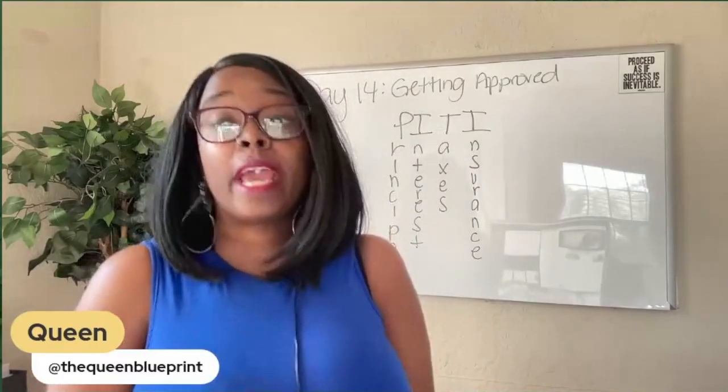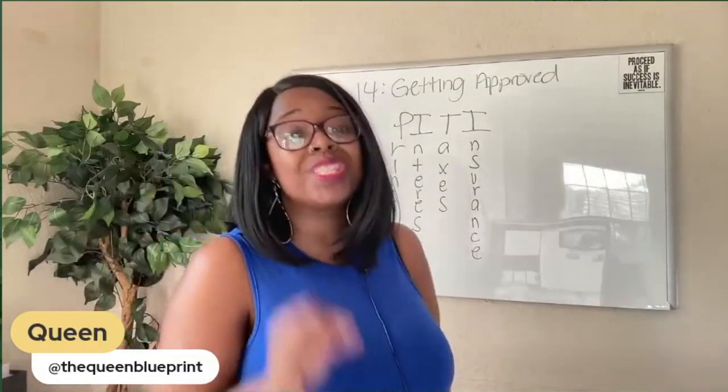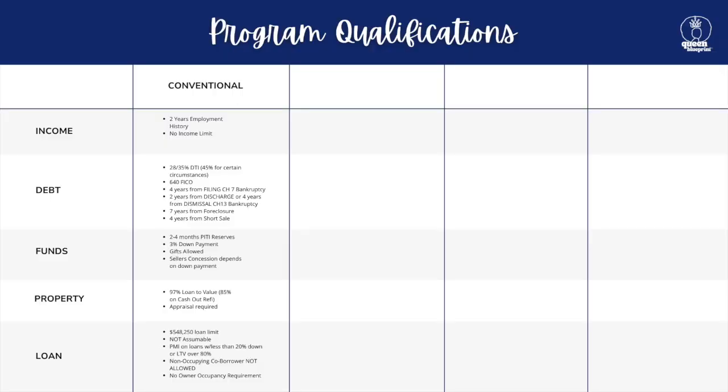Now, you cannot borrow money for your down payment, as that would affect your debt to income ratio. However, you can use gifted funds. Okay? And let me put this back up here. You can use gifted funds. Okay?